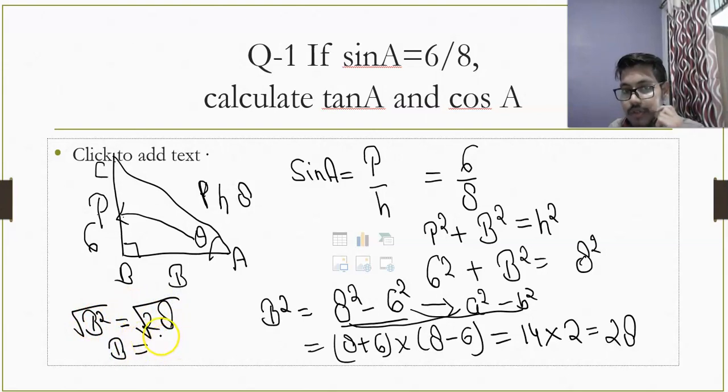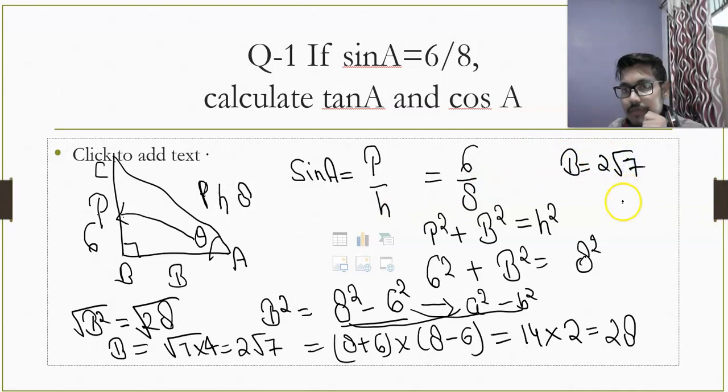Here b equals under root 28. Under root 28 is written as 7 times 4 is 28, and the 4 comes outside, so it is 2 root 7. So the value of the base b here comes to 2 root 7. Okay friends, thanks.